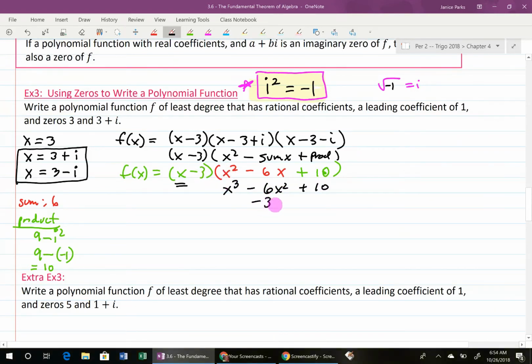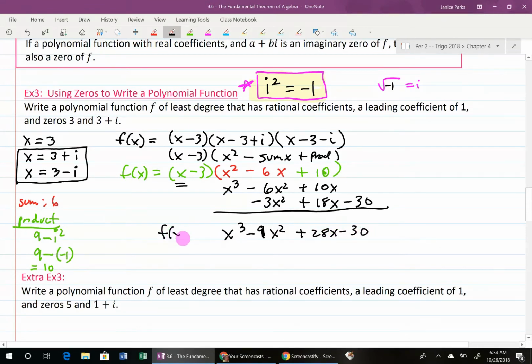So that makes it -3x squared plus 18x and minus 30. So I get x to the third minus 9x squared plus 28x minus 30. And that's f of x.